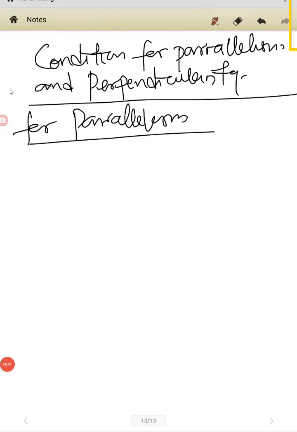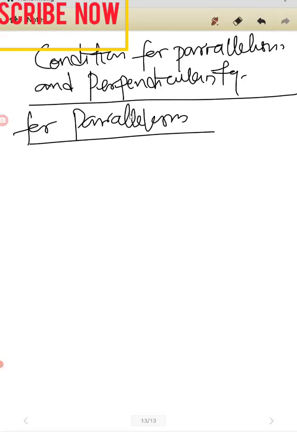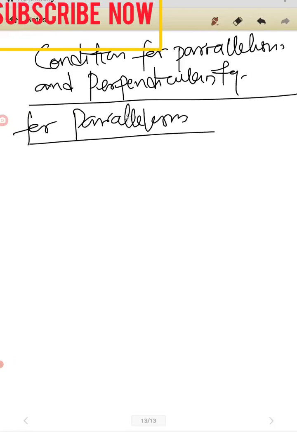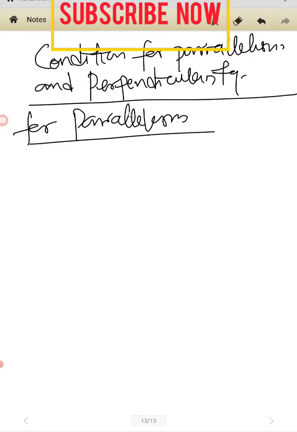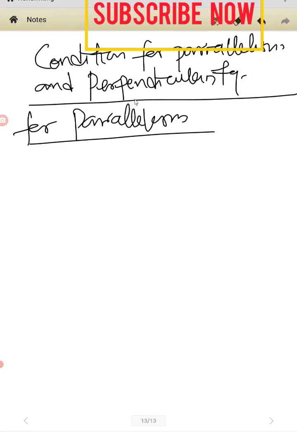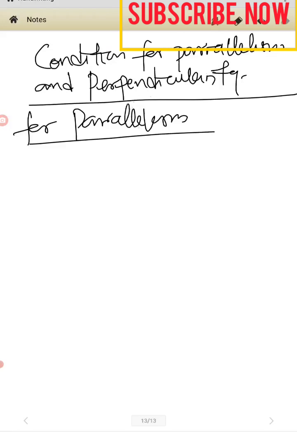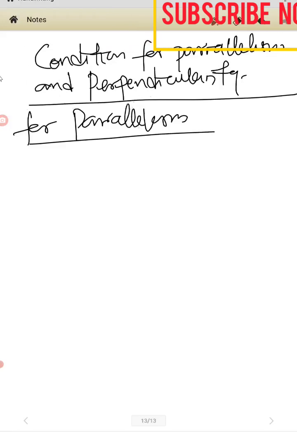Now we want to continue again to the conditions for parallelism and perpendicularity. These two conditions are highly important to know and to notice how they work in coordinate geometry, because we are still going to use them in solving some certain questions.